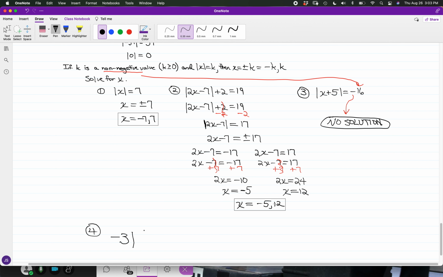Let's say you have negative 3 times the absolute value of 2x plus 6, followed by the addition of 6, is equal to negative 24.